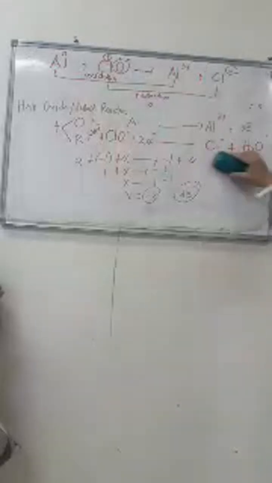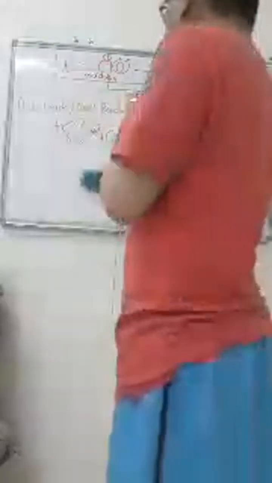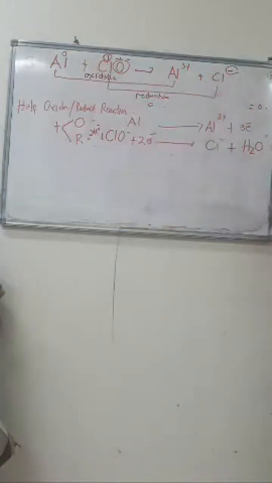Okay, add the 2 half reactions, this 1 and this 1. What you will notice is that the number of electrons are not the same. They are not lucky here. So what is the number we'll be able to multiply to compensate so that it will be equal somewhere along the way. So in this case, the technique, guys, is you have to start from the least number going up.